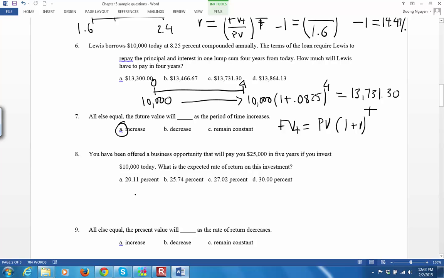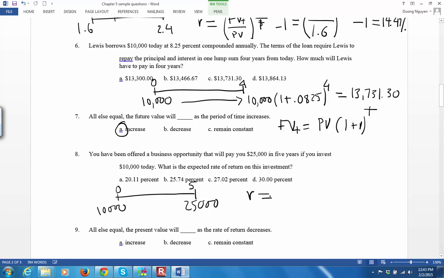You have been offered a business opportunity that will pay you $25,000 in 5 years if you invest $10,000 today. What is the expected return on the investment? Very simple. It is asking you for the interest. If you invest $10,000 today and receive $25,000 in 5 years, what is the return per year?